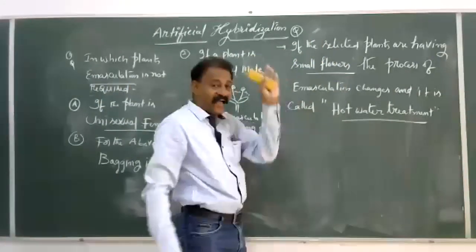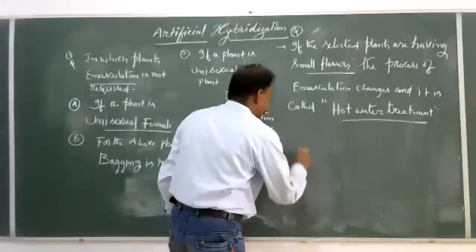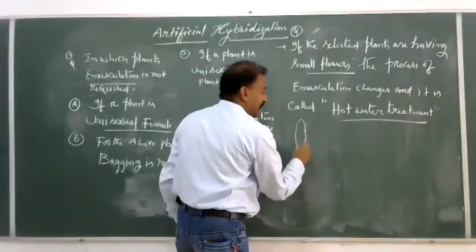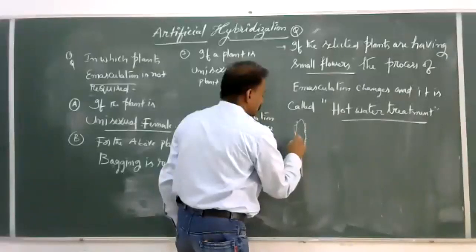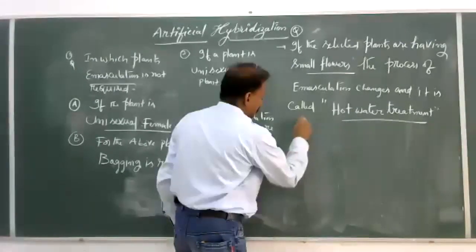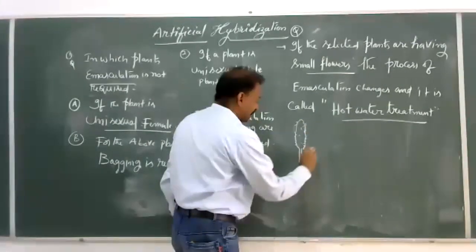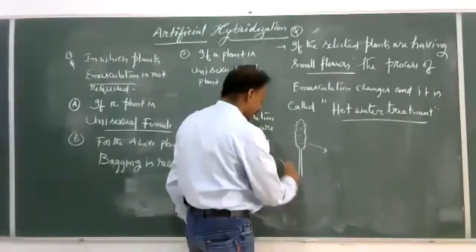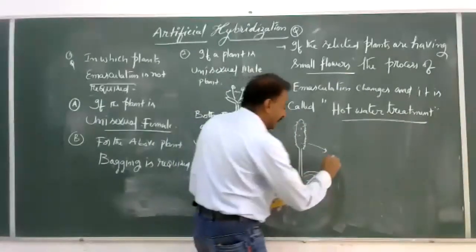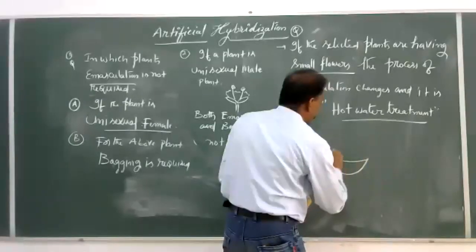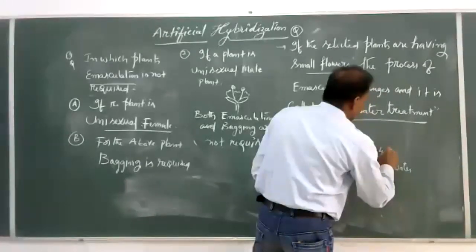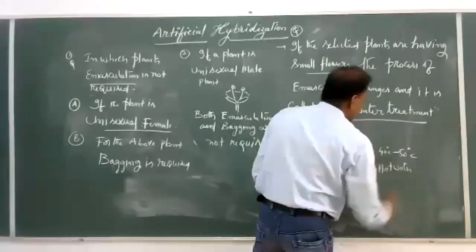When the flowers are small, see this, the total inflorescence which is having small flowers is bent in such a way in a bowl having hot water, 40 degrees centigrade to 50 degrees centigrade.